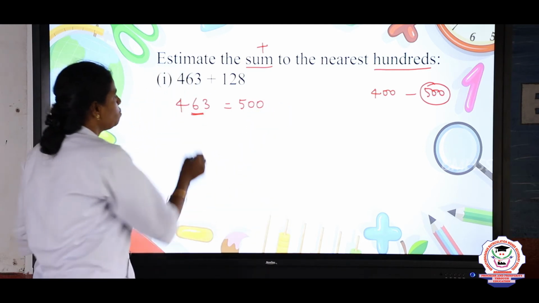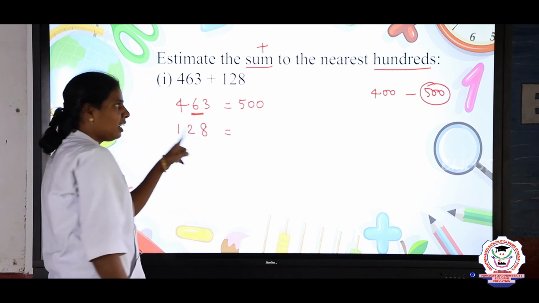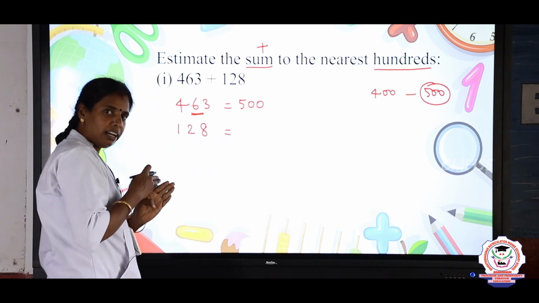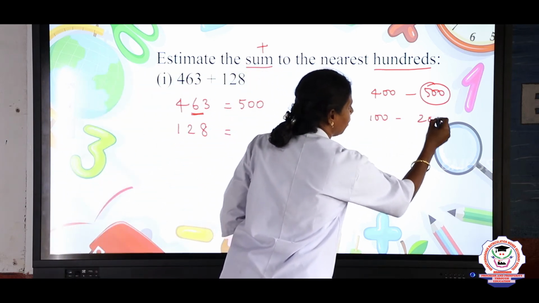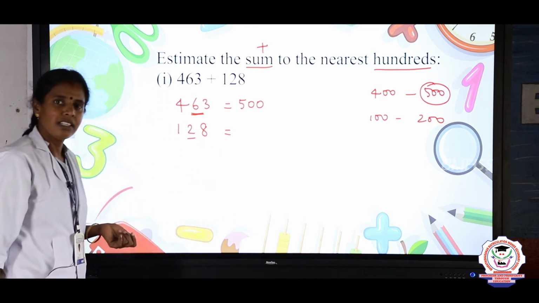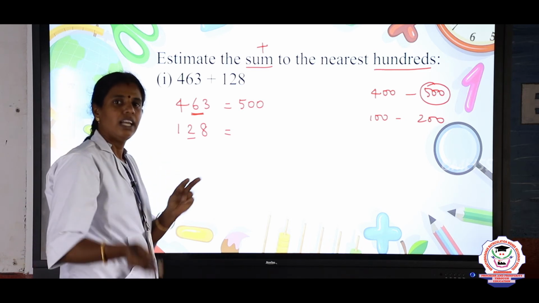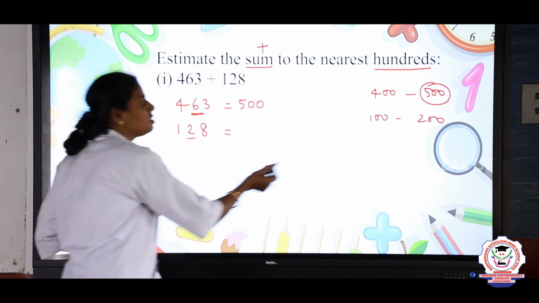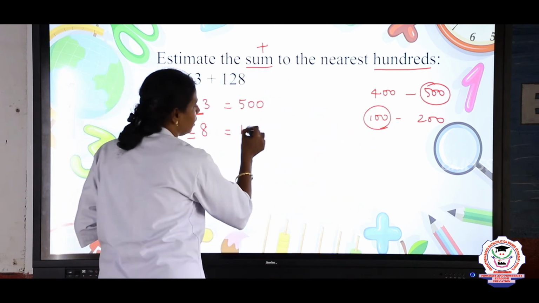The next number is 128. So 128 lies between what? 100 and 200. Right? Now the tens place is 2, which is less than 5 or greater than 5? Less than 5. Less than 5 means the before number we are going to take, which is 100.